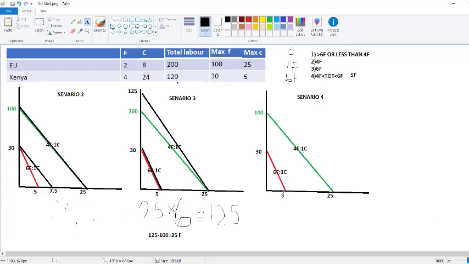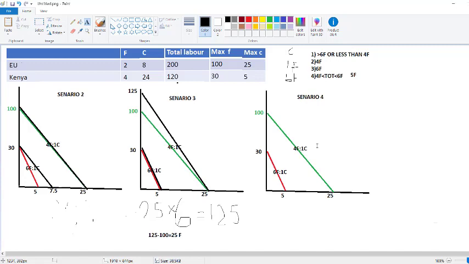In terms of Kenya, initially speaking, 1 carbon would have cost 6 food. Under the world prices, 1 carbon now costs 5 food. What does it mean now that the 1 carbon is now only 5 instead of being 6? So the value has dropped, so carbon has become cheaper, which means relatively speaking, food has become more expensive.